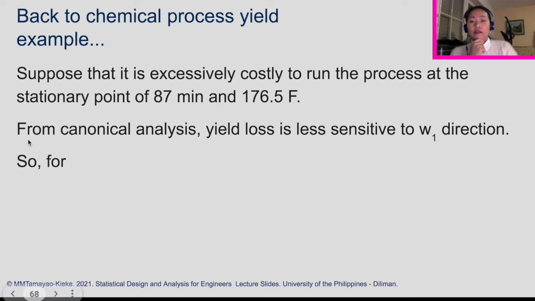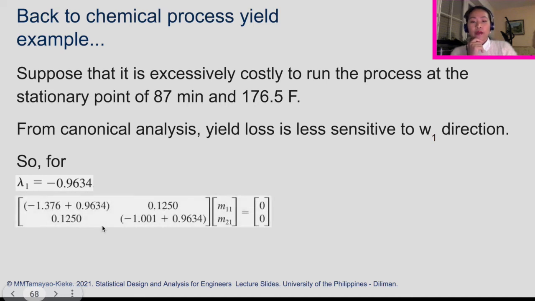From canonical analysis, yield loss is less sensitive to the W1 direction. So we start with lambda 1 equal to negative 0.9634.